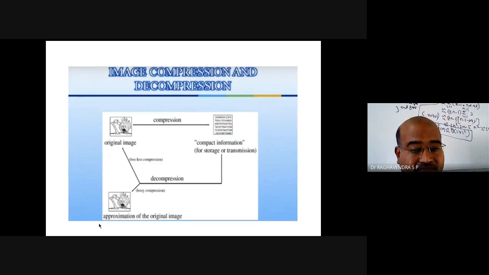This is an approximation of the original image. It is not the exact original image, but it is closer to it. So this is the image compression and decompression model.